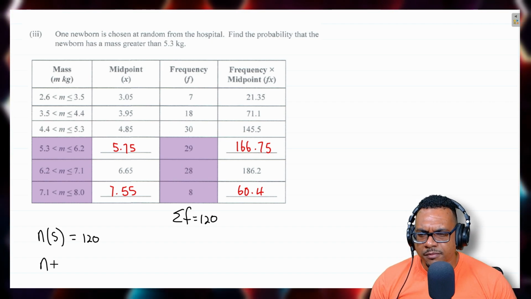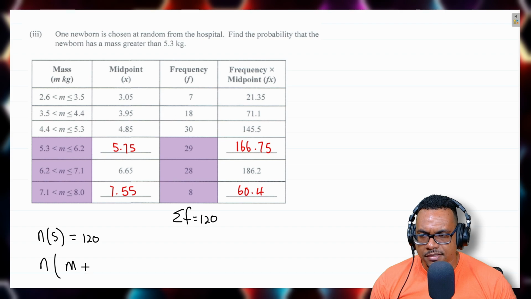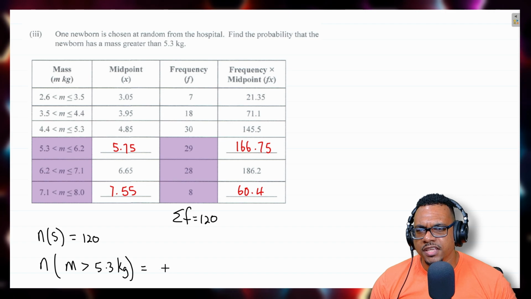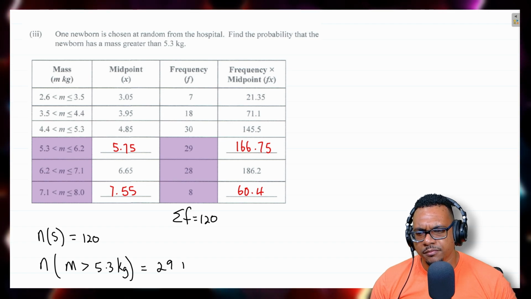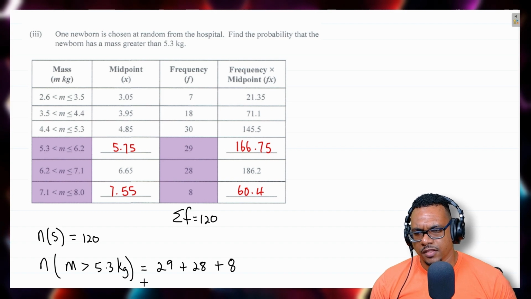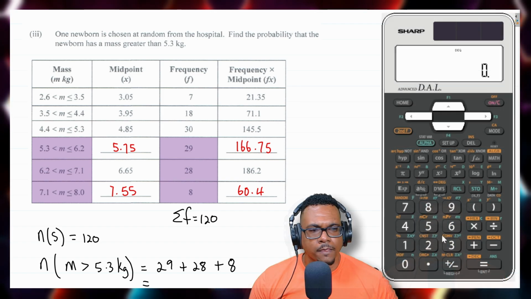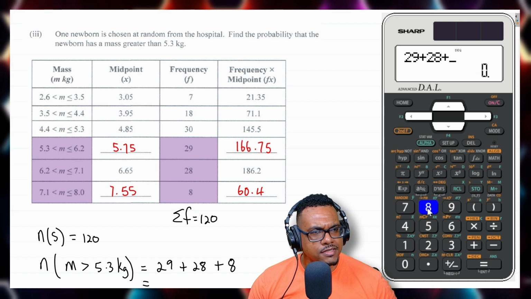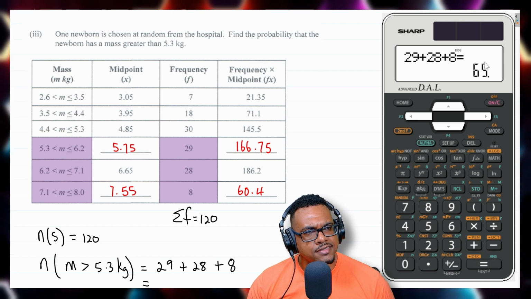So the number of elements in the set, mass greater than 5.3 kilograms, is going to be equal to 29 plus 28 plus 8, and that's 65.